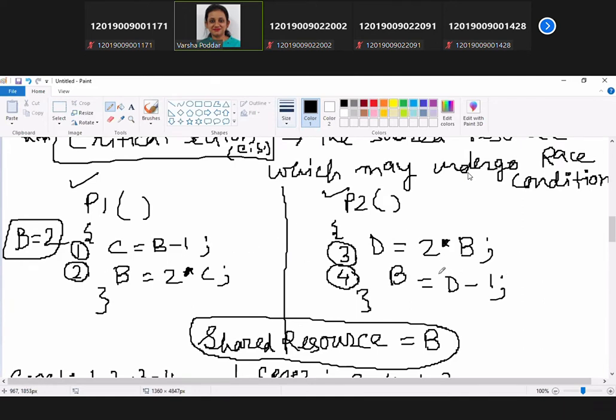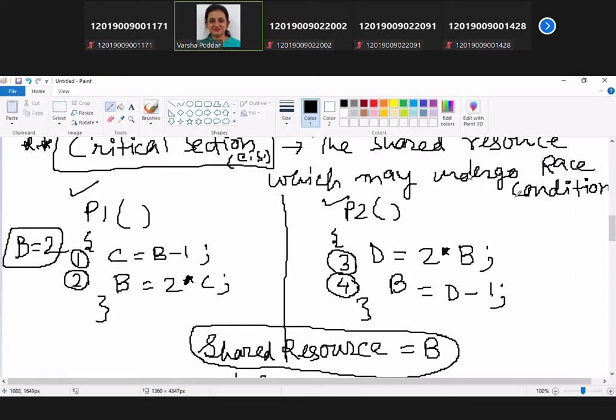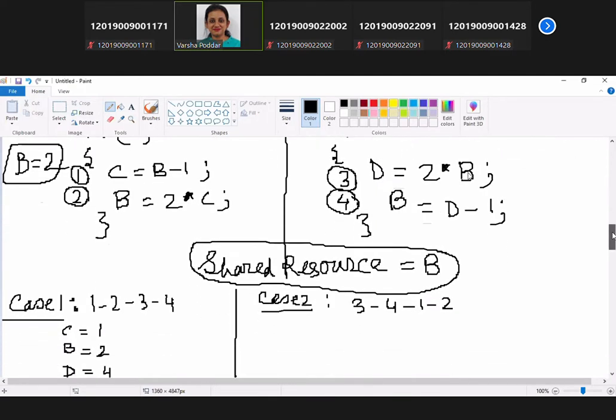There are lines of code and the shared resource is B. So I am assuming an initial value of B, and I am trying to find out how many cases can be possible and what can be the possible values of B. Now B comes under your critical section, a shared resource which can undergo race condition, because if I do P1 and then context switch for P2, then the value of B can change. So that is what I'm trying to show.